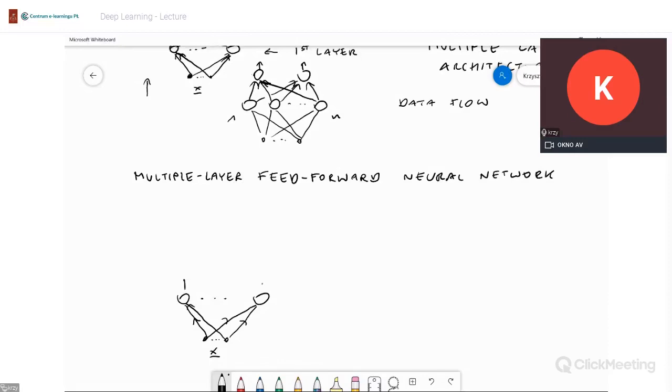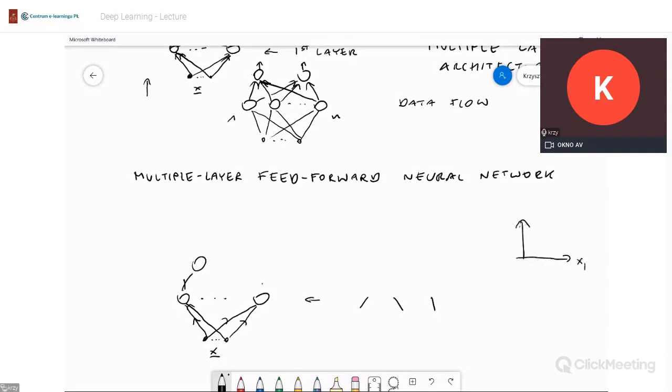And I have just told you that each of these neurons is trying to separate space with a hyperplane, or to separate a plane if my problem is two-dimensional.